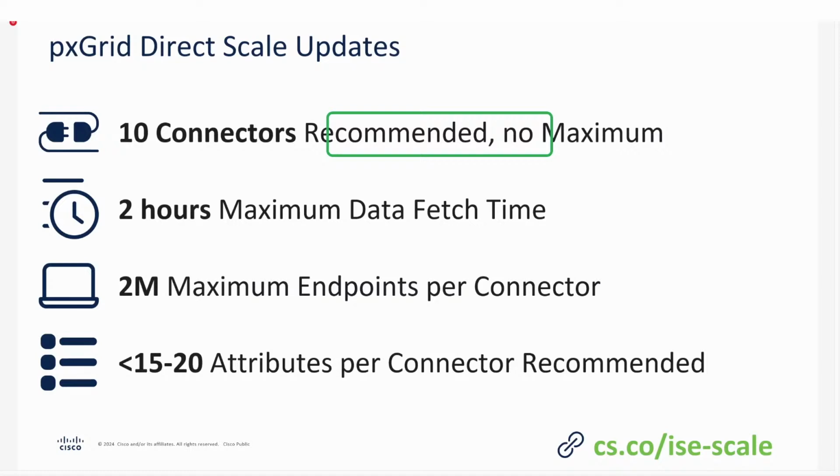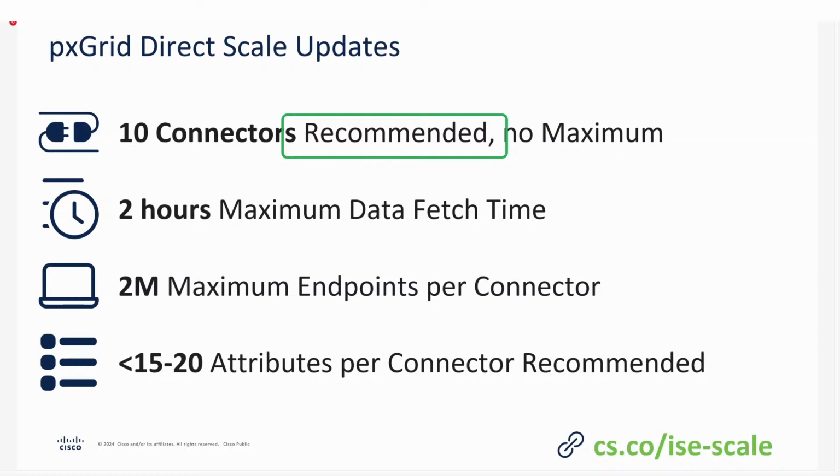You can do more than that. It depends on the number of connectors and the number of records in your connector as to whether it will slow down or have any effect on ISE. So that's the 10 connectors recommended.